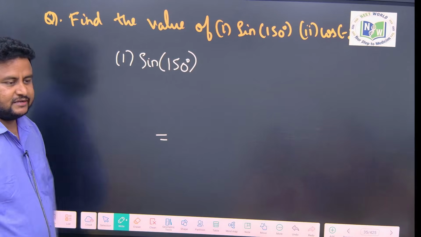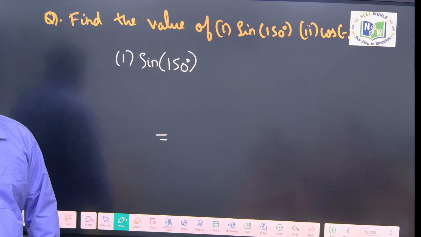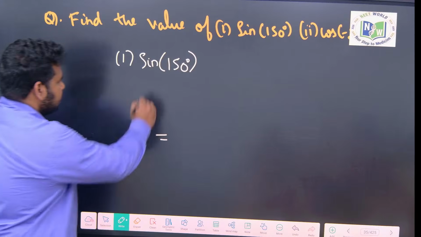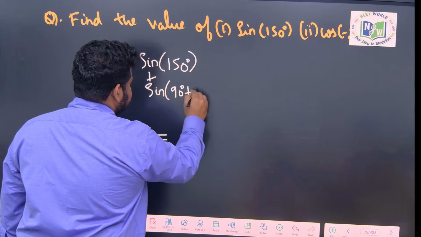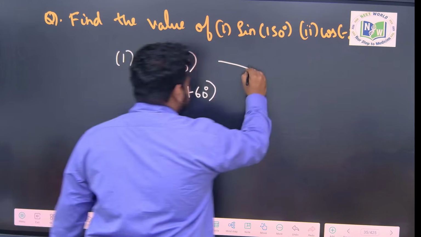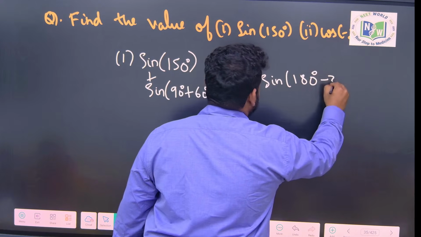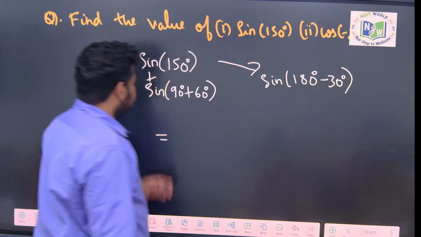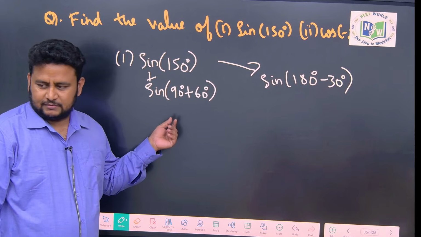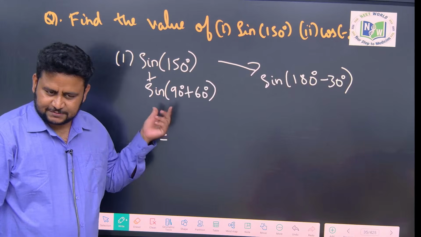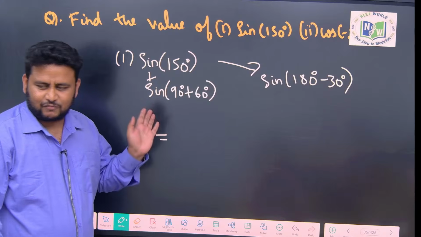Now sin 150 can be written as 180 minus theta or 90 plus theta. So this can be written as sin 90 plus 60, or as sin 180 minus 30. Is 90 an even multiple of pi by 2 or an odd multiple? Odd. 90 means pi by 2, just one pi by 2. With an odd multiple of pi by 2, sin will become cos.